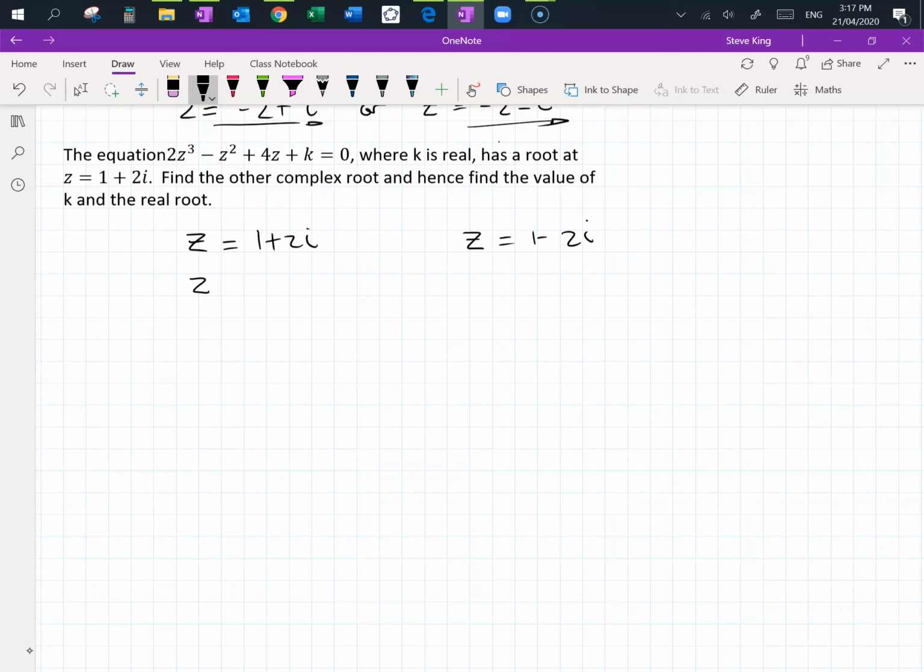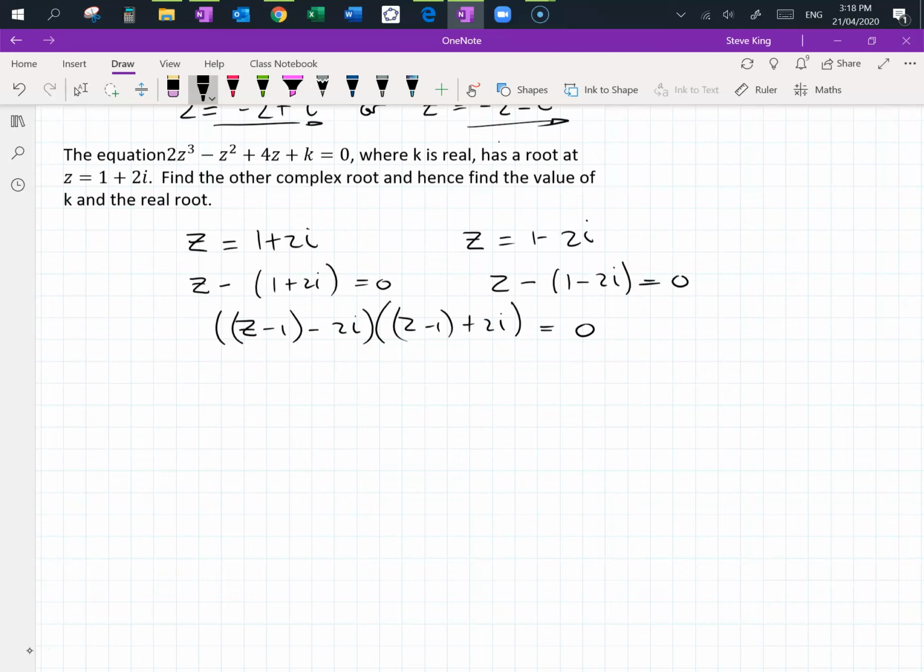And again, if I take these back, I'm going to get z minus 1 plus 2i. This should look familiar to you. We did some examples like this earlier. And remember, there was this trick that we used where we just rearranged the order of this, so made this z minus 1 minus 2i times z minus 1 plus 2i equals 0.